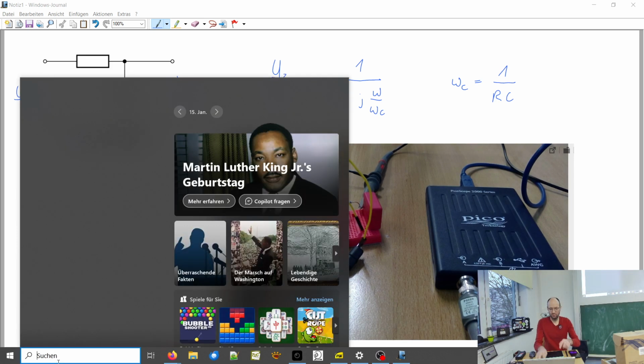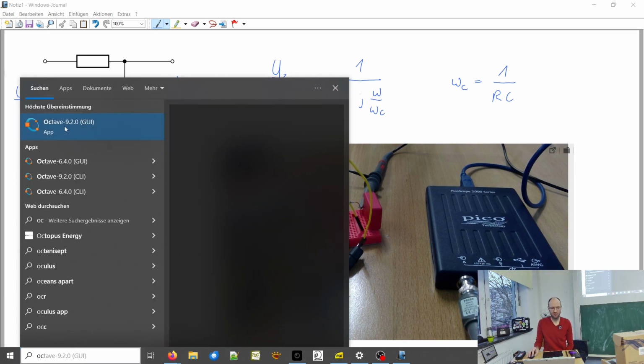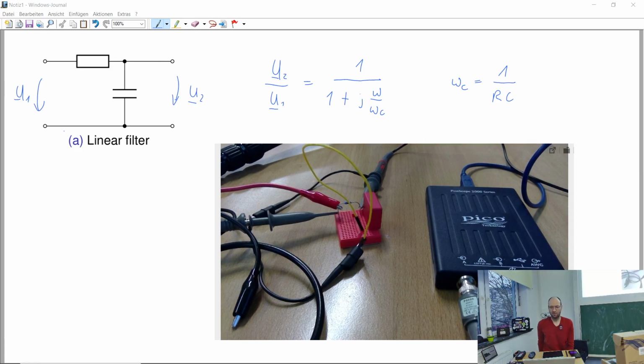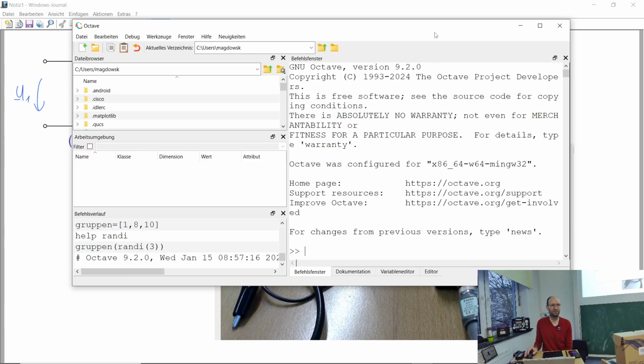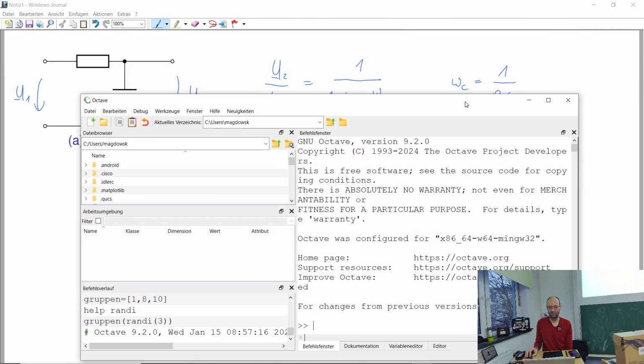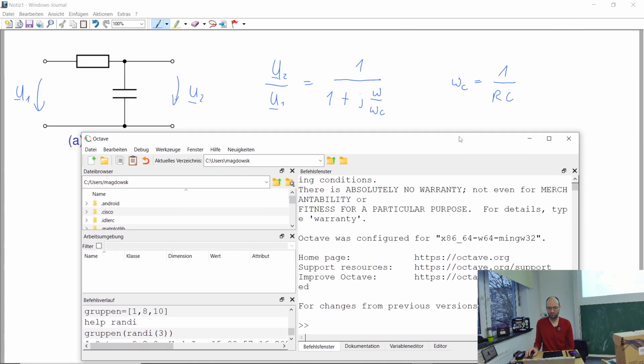Before we do any measurements, what I would like to do is open up Octave and plot this transfer function to have some comparison. For this, it would be a good idea to use the values of the resistance and the capacitance and to calculate the corner frequency of this filter.